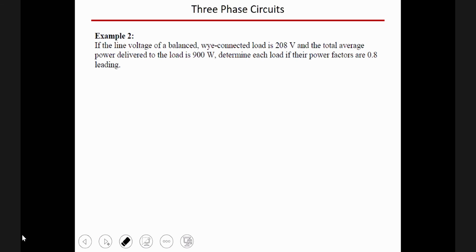This is a little bit tricky question here because what do we have? We have a line voltage.